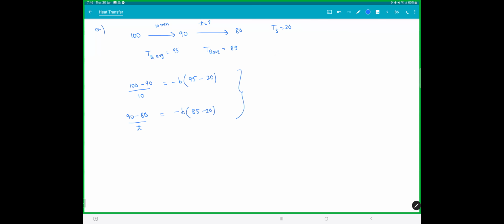Divide them. That would be 10 by 10, 1, and this is 10 by t. Just in case you forgot, we are using dT by dt is minus b into T body average minus T surrounding. If you divide them, you will end up with 1 by t by 10, 75 by 65. That's 150 by 13.